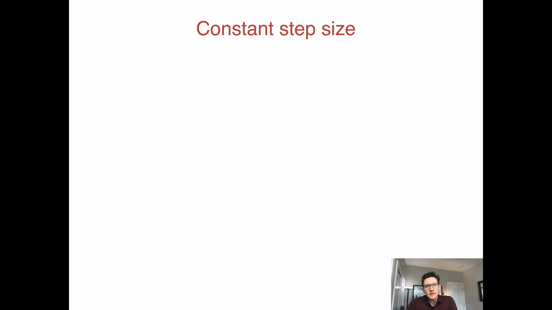Let's start with the simplest option, which is to use a constant step size. A constant step size is very often used in practice and often works okay, but there are some issues.